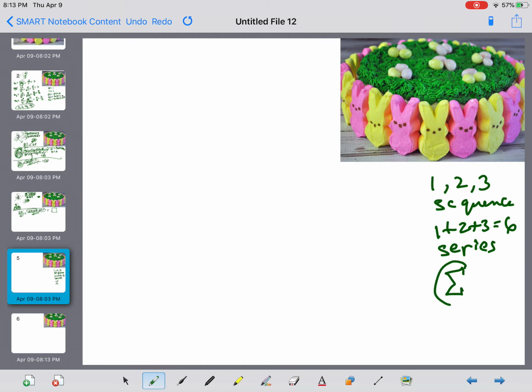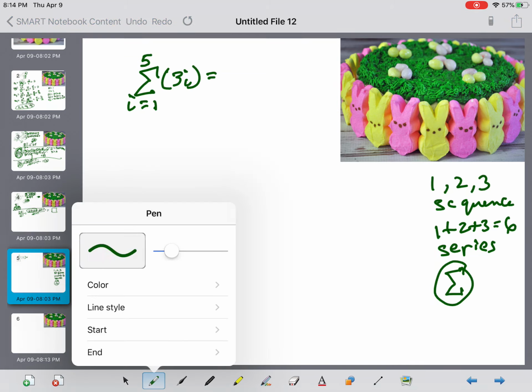And there's a notation to tell me, I can use this as a Greek S, and it's called a summation tool, and it tells you to add things up. Unfortunately, sometimes our book uses the letter I when they're not talking about imaginary. I'll usually use an N or something. But here's the first example in the book on sigma notation.